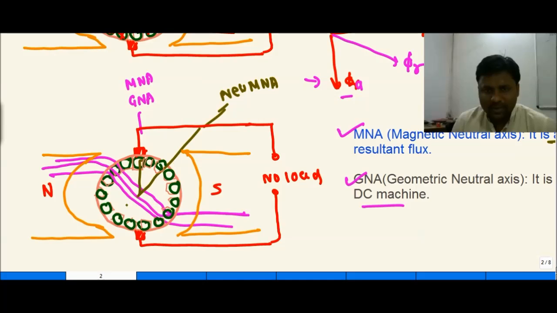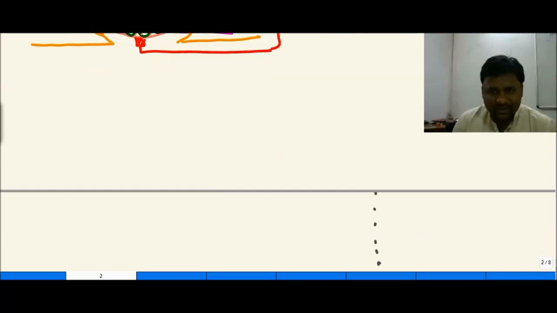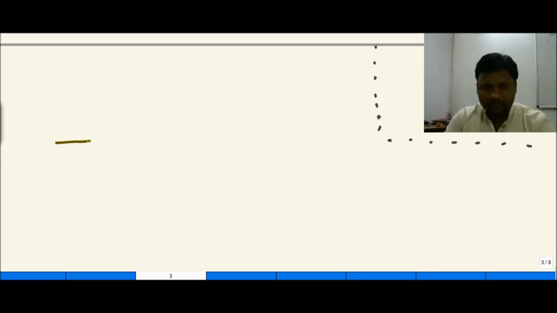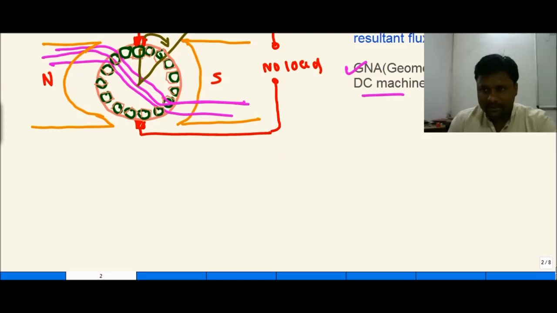In order to make sparkless commutation, we have to shift the brushes also to the new MNA axis. So we can say our new diagram is like this fashion.